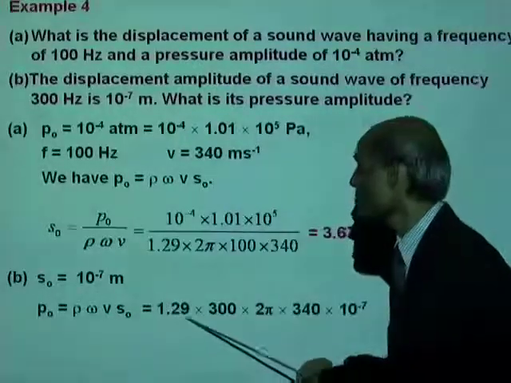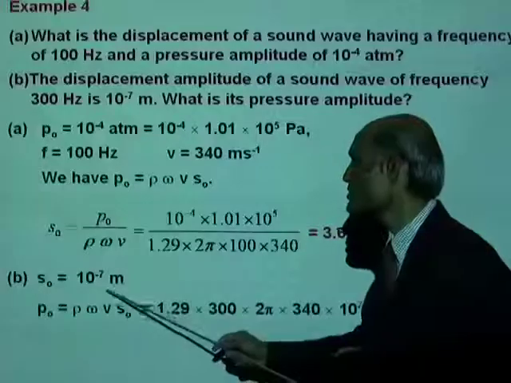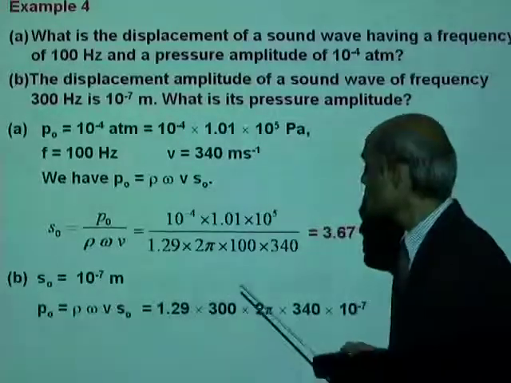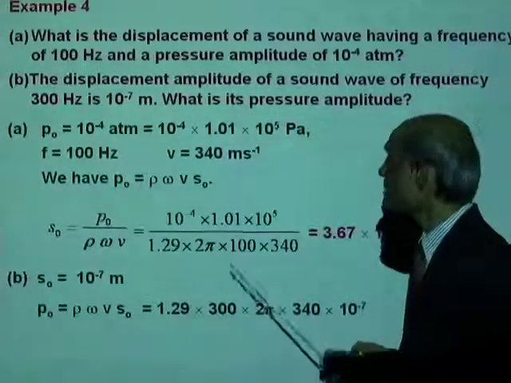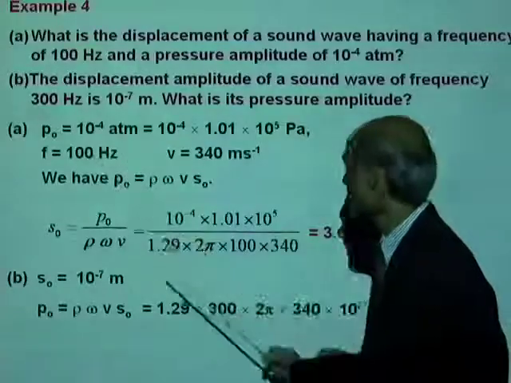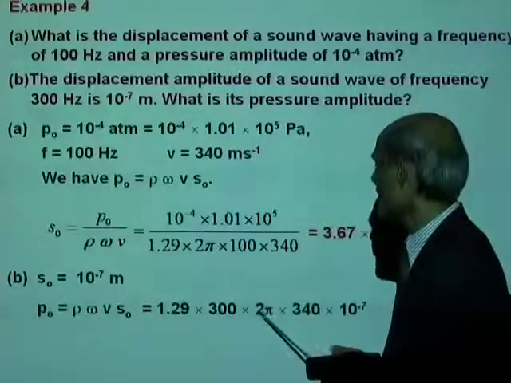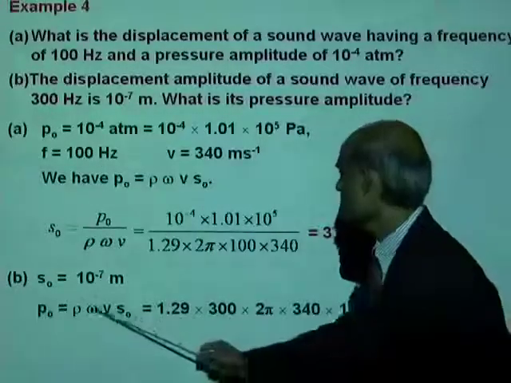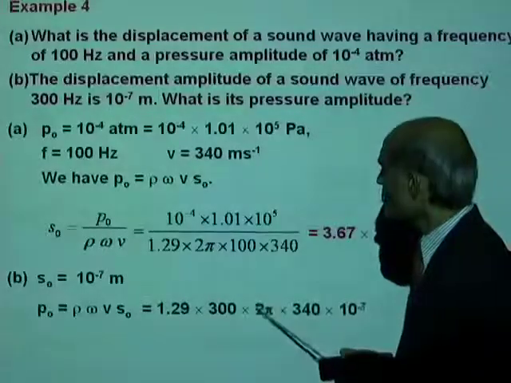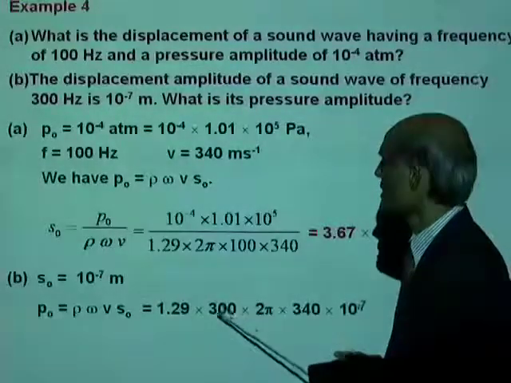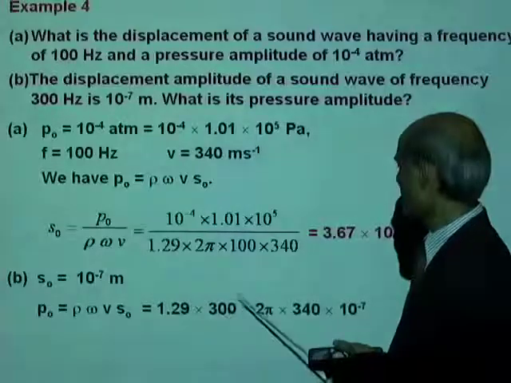Rho is 1.29 kilogram per meter cube. Omega is 2 pi times the frequency. Frequency is 100 hertz. So that will be 2 pi times the frequency. Isn't the frequency 100?